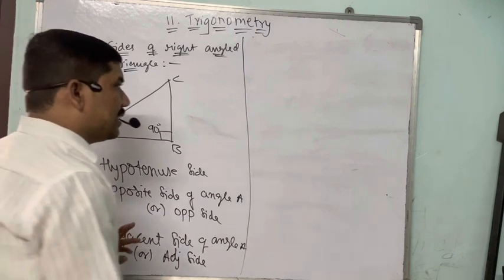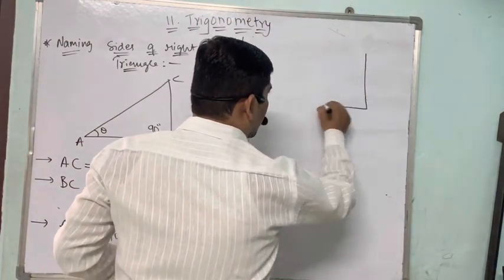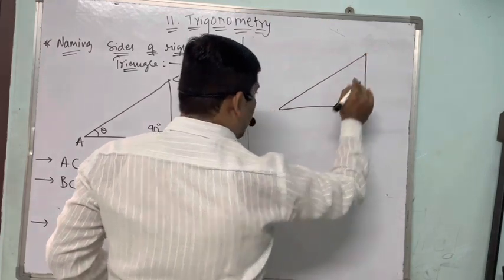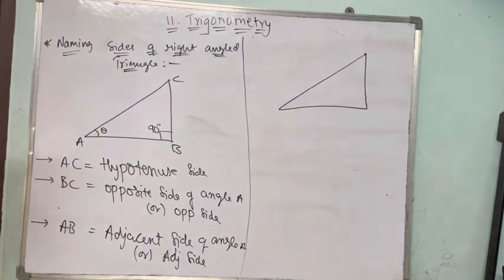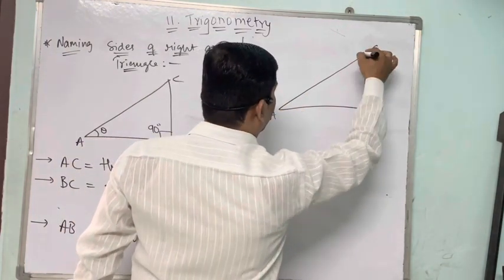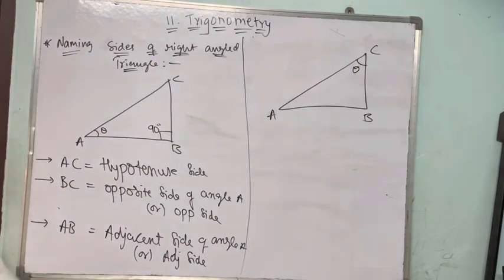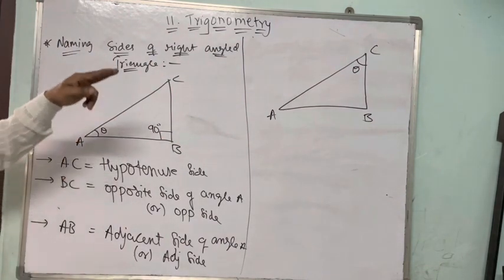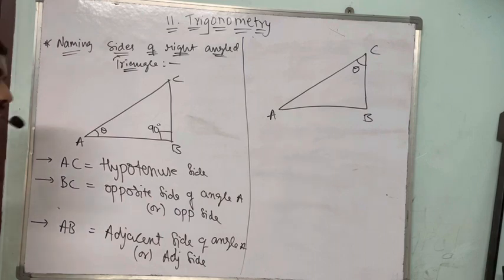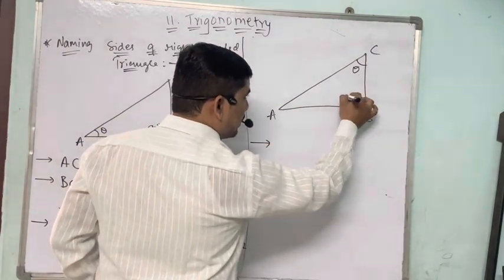Same thing, again naming only, same diagram. Here also I am naming the sides of the right angle triangle for the same diagram, but I am considering theta here on C. There I considered theta on A, here I am considering theta on C. So in this case, this is 90 degree obviously.